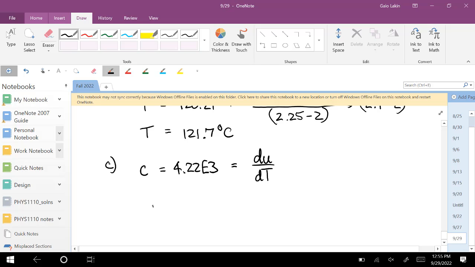So the change in specific internal energy is 4.22 times 10 to the third times the change in temperature. What's the change in temperature for this process?